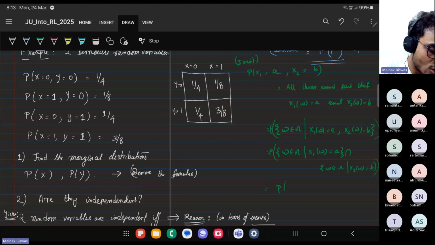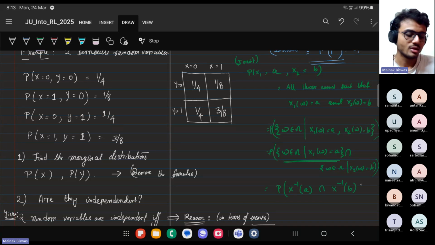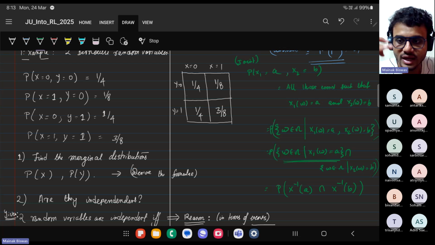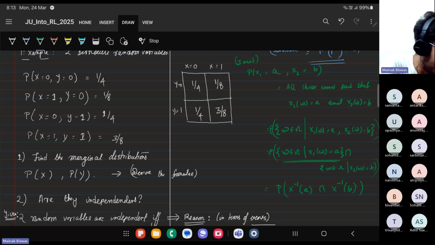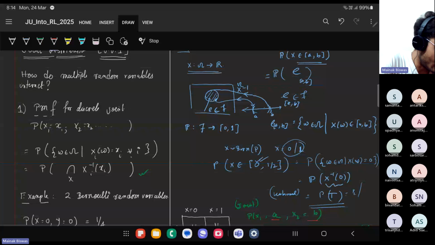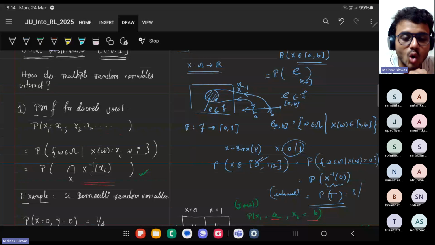This can be written as, and this I'll be using more often in the rest of the day, so I'm writing it again: X inverse of A intersection X inverse of B. Any questions? It's like all the events must occur, whatever each of the random variables is constraining it to be, for example, A and B over here. If there are n random variables, it should be the intersection of all of those events from those random variables.